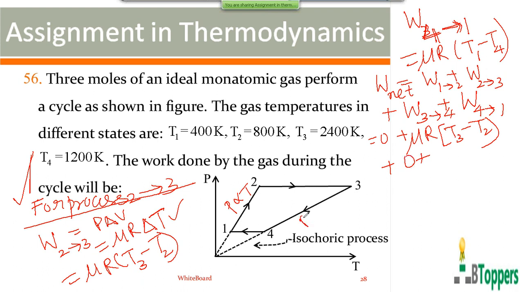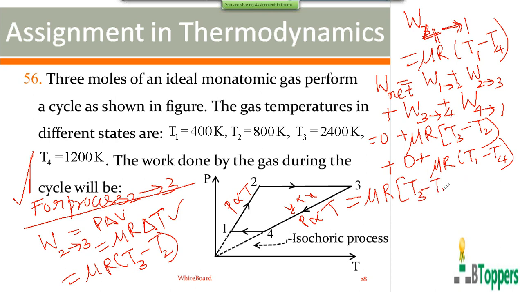P proportional to T for the process 3 to 4, y proportional to x, where volume is constant. So work done is 0. So for the process 4 to 1, work done is given by nu R into T1 minus T4. You can take nu R common outside. So T3 minus T2 plus T1 minus T4.